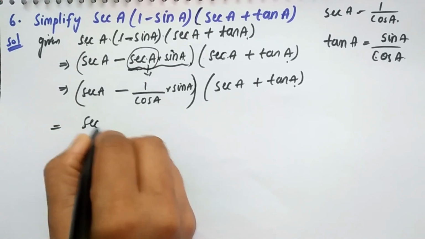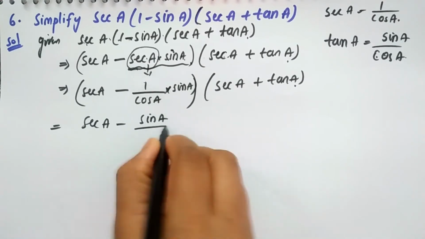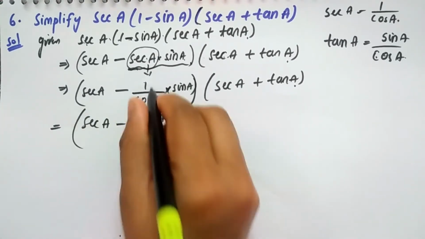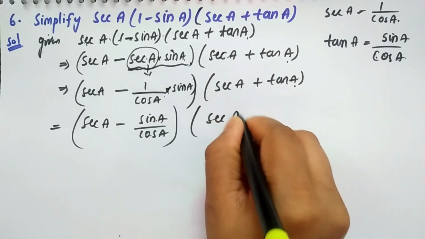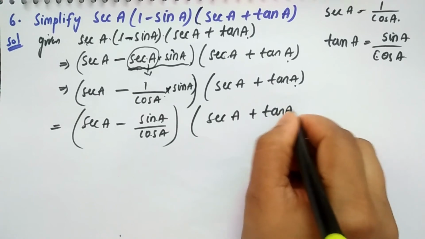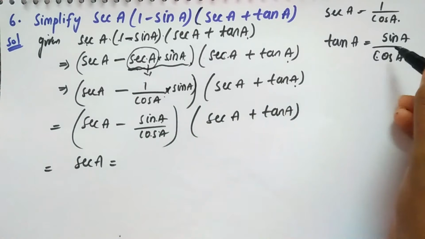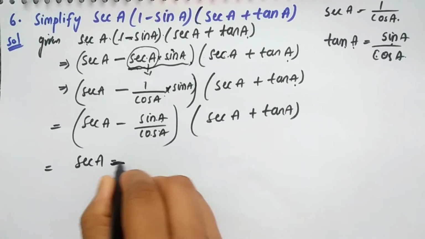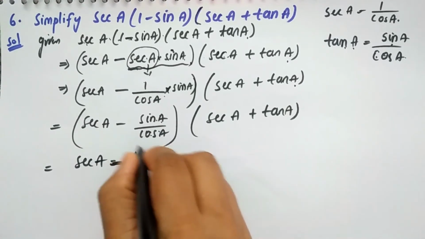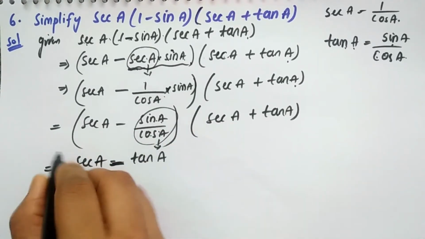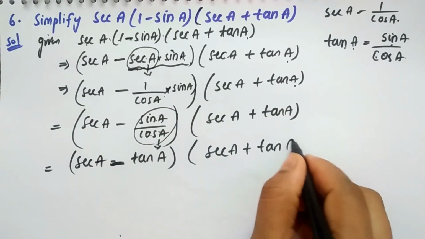Now secant A as usual, and 1 into sine A is nothing but sine A divided by cos A, which is tan A. So secant A minus tan A, into secant A plus tan A. This formula we are using here, we are changing only this thing.